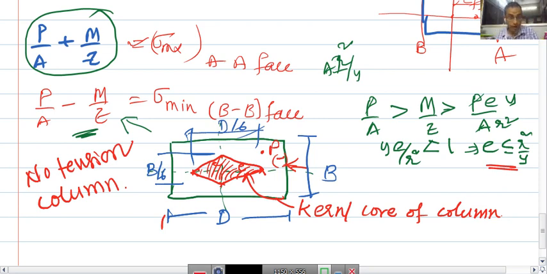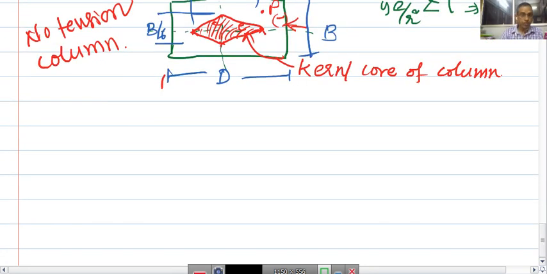This is your kern of a column we worked out, and we worked out the same concept for the solid circular section. The kern will be circular here. So this is the maximum eccentricity E. If you place a load within this zone, then only will you have no tension, otherwise there will be a tension.